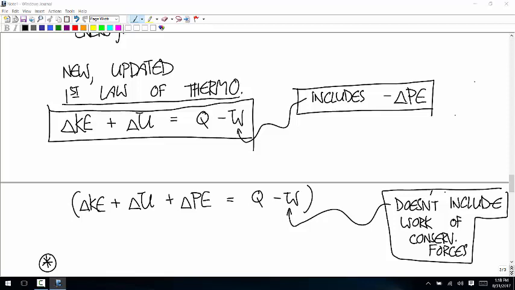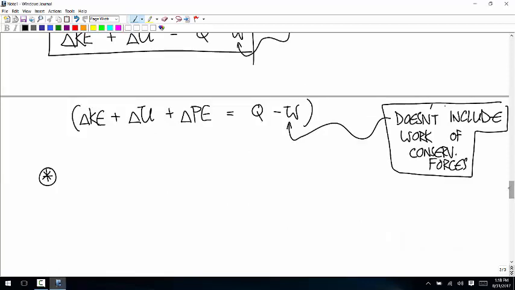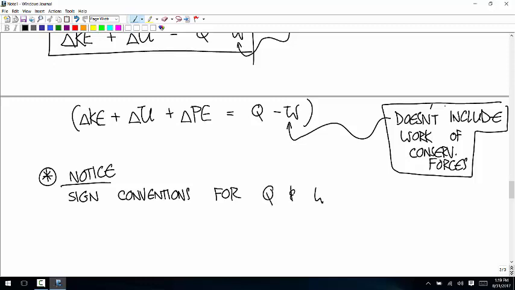And so here's how to think about it. Notice the sign conventions for Q and W. Just remember that Q and W are both positive for a heat engine.